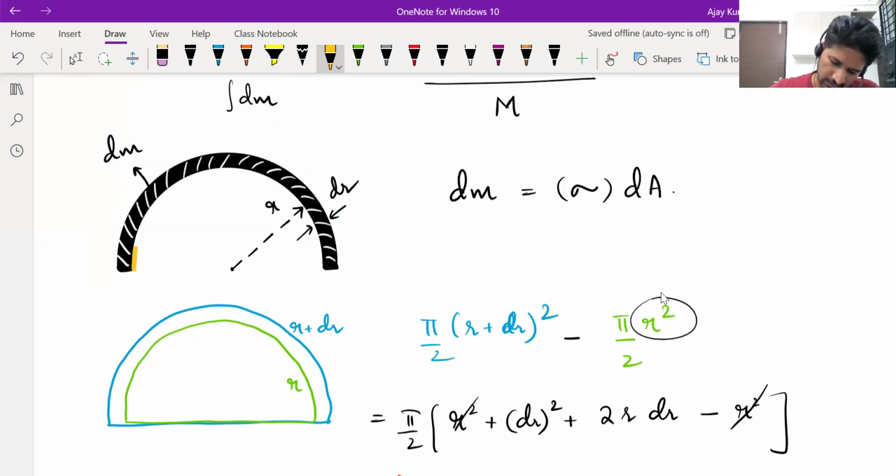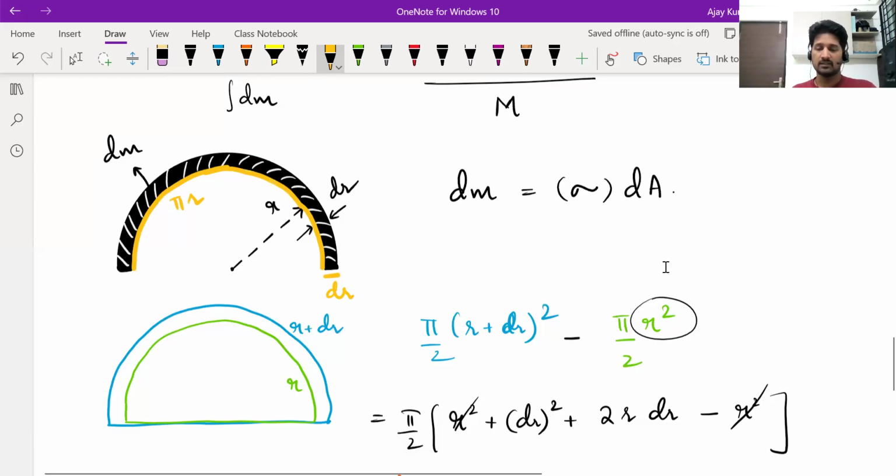This inner semicircle, its length is pi r. This yellow length is pi r and the width is dr. So the area of this thick semicircular ring is nothing but its length multiplied with the thickness.